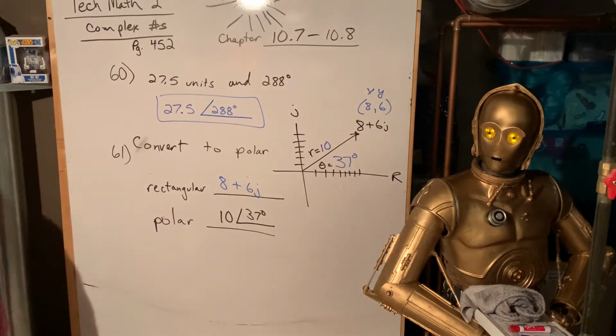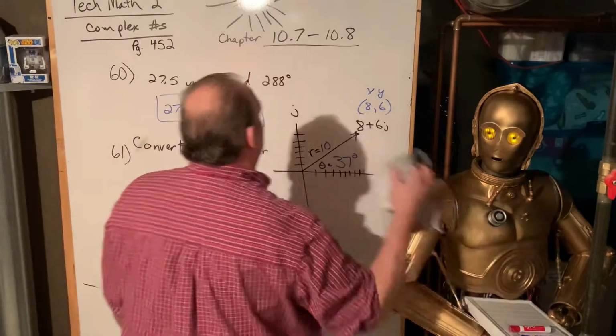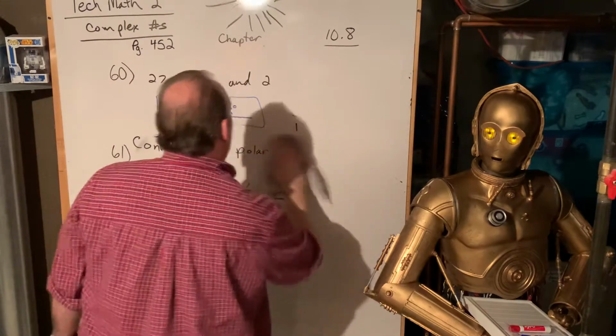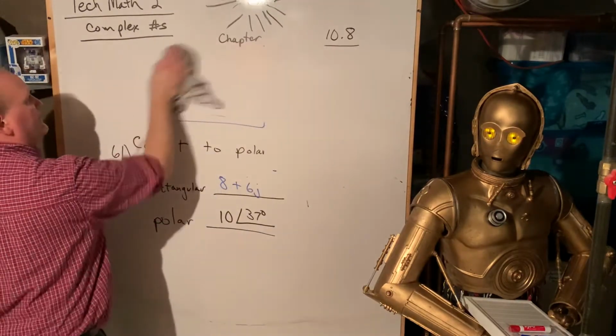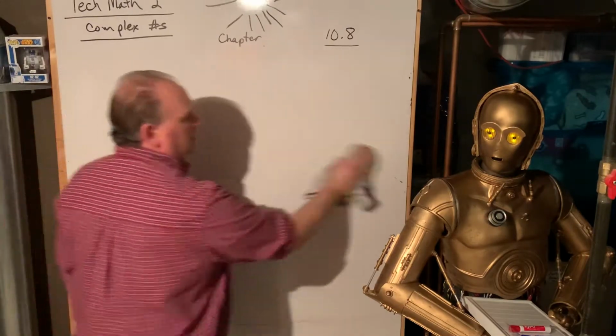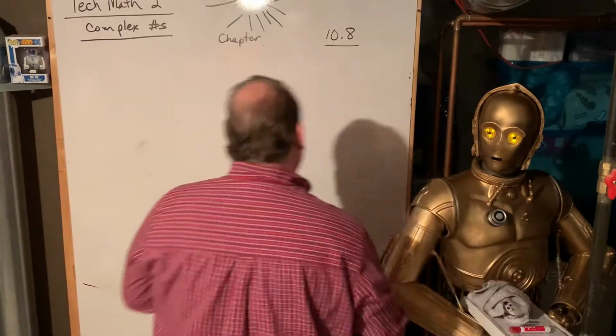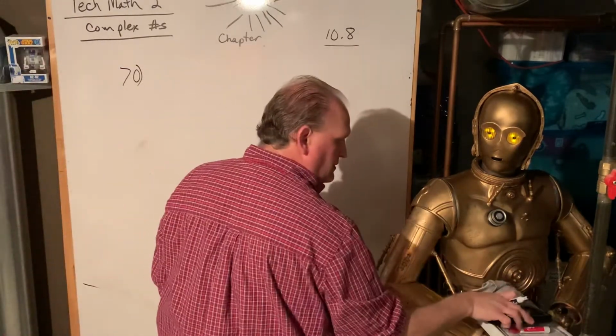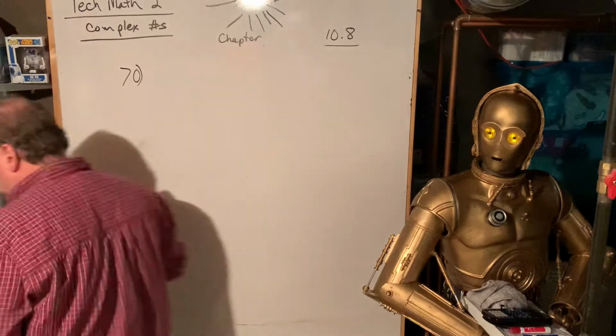Let's take a look at 10.8, number 70. Let's see what they want us to do there. Here, C3PO, hold my calculator.